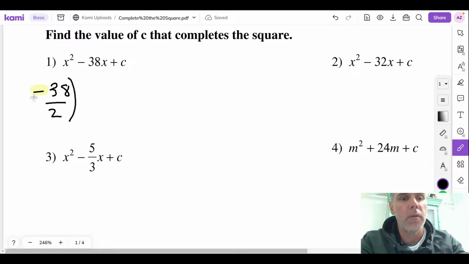So 38 divided by 2 is 19, so this is negative 19.